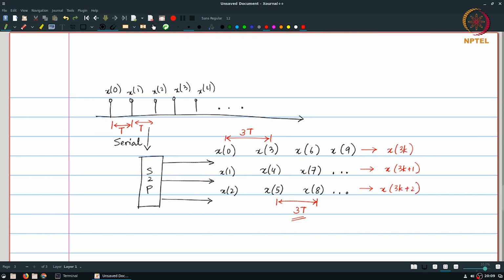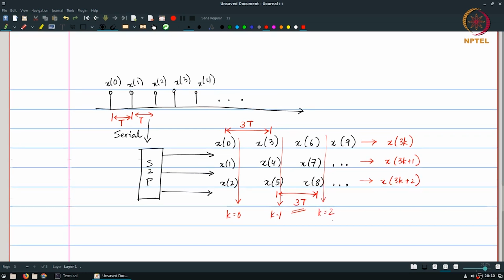In other words, when k is equal to 0, we get x of 0, x of 1, and x of 2 on the three streams, as we can see on the first column of data. When k is equal to 1, we get x of 3, x of 4, and x of 5, and so on.